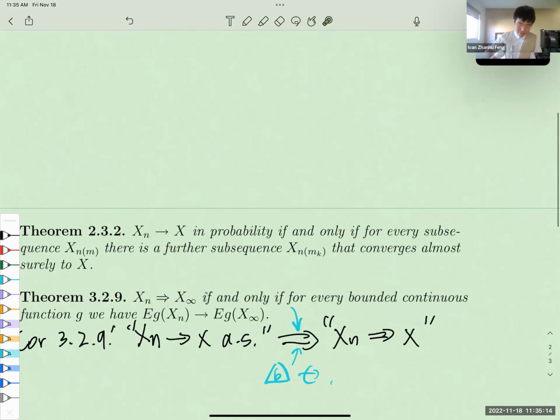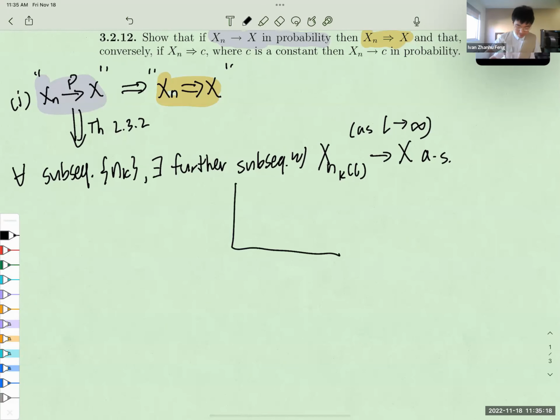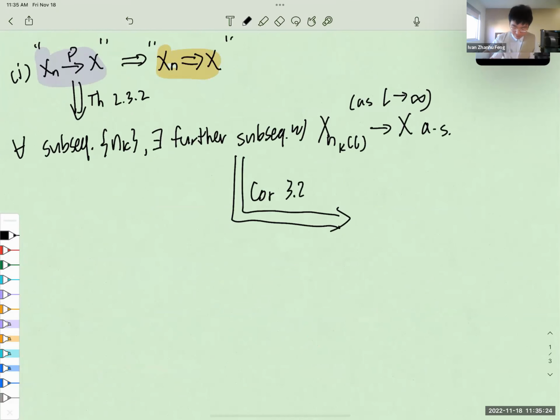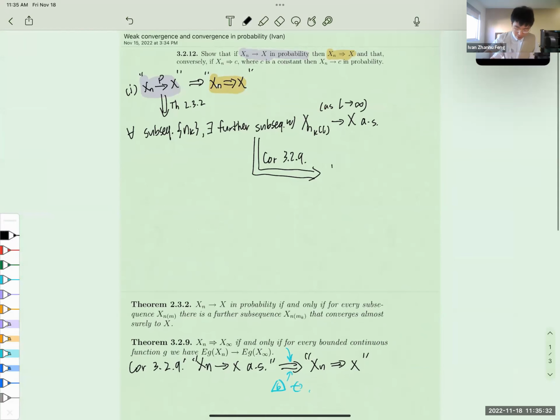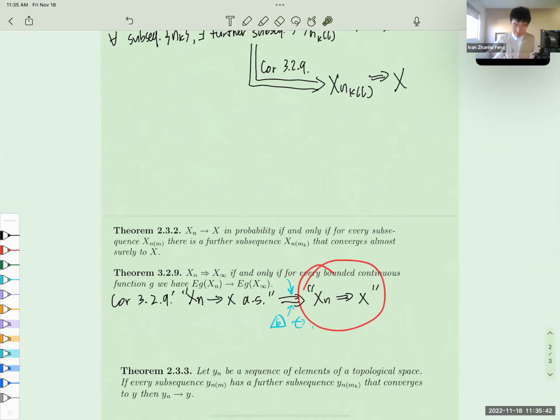So now let's apply this corollary here. We can get by this corollary 3.2.9 that this sequence X_{n_{k_l}} goes to X weakly, because that's actually what the sequence directly tells us.